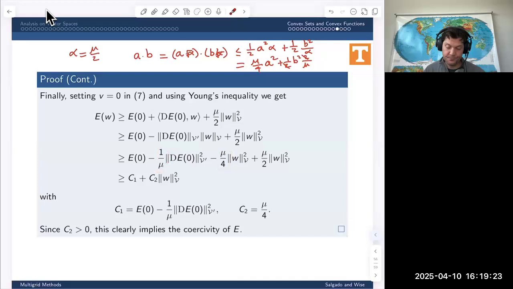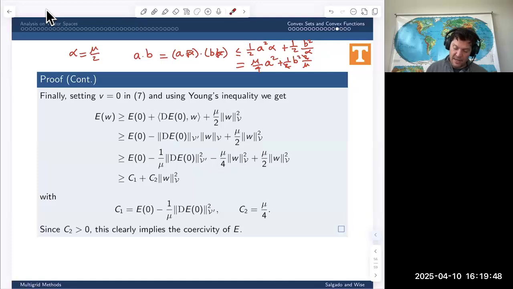Okay. And then, of course, the next thing you would do is multiply by a minus sign. Or you can start out with a minus sign here, and then when you multiply by the minus sign, you flip the sign. And in any case, this is what you get after the application of the continuity and then the Young's inequality.